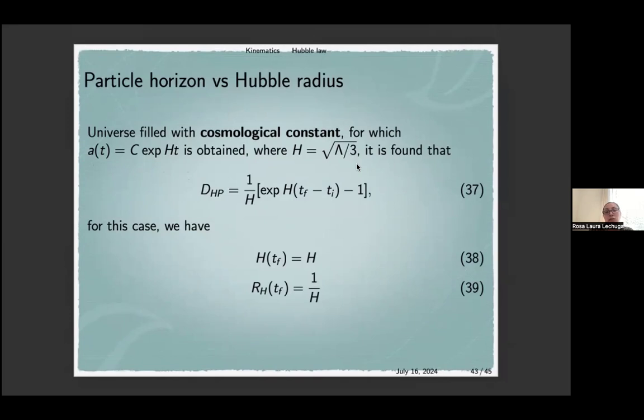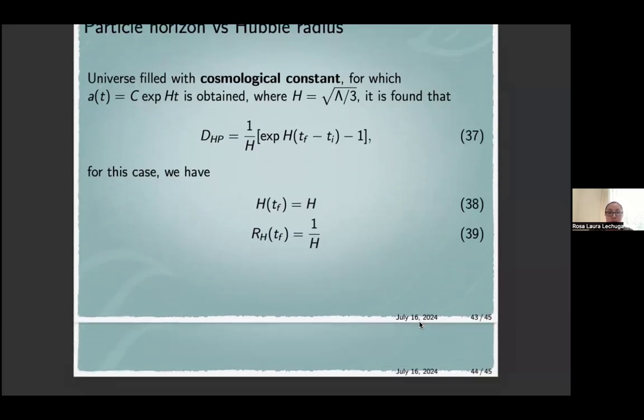You get this expression in terms of an exponential, but if one wants to compute the Hubble factor and then the Hubble radius, you get a completely different order, because for the particle horizon you have an exponential function, which is completely different from the Hubble radius.